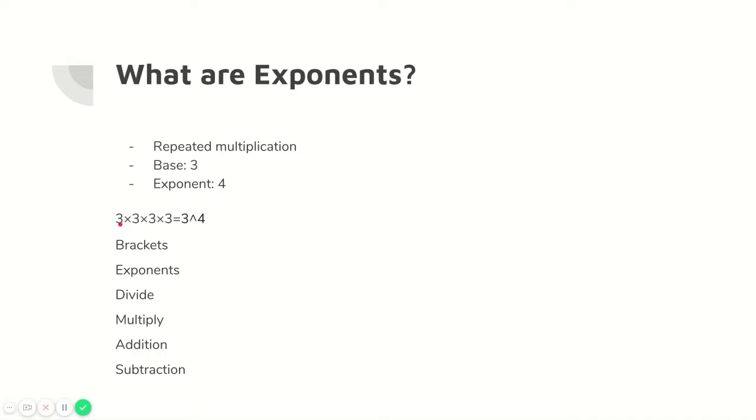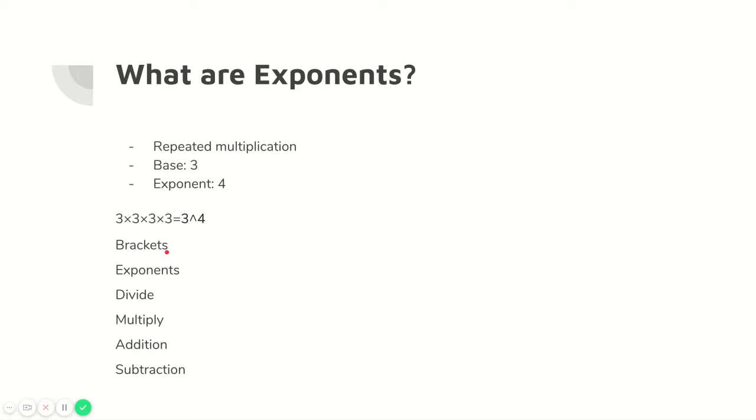So if we see repeated multiplication here, 3 times 3 times 3 times 3, we're going to have a base of 3, but to the exponent of 4, represented by this little symbol here. Essentially, this just means that 3 would multiply itself 4 times in total to get the answer.